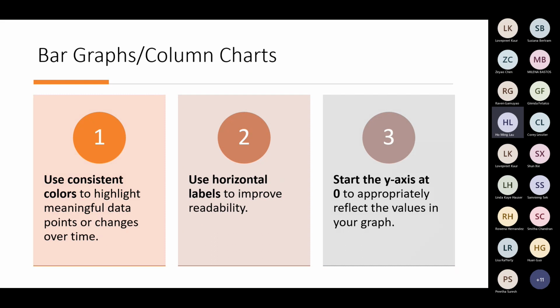For column charts, use consistent colors to highlight meaningful data points or changes over time. And use horizontal labels. Sometimes what people do is, in order to fit the text, if the text is long, they turn it to vertical, and the viewers need to actually turn their heads to view what the label is.